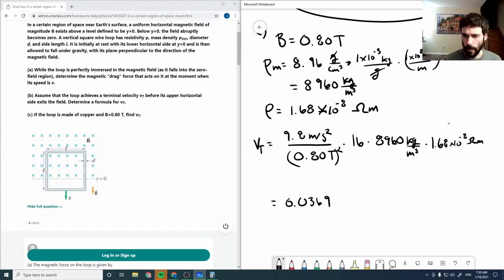and this would be in, if we're following along here, ohms, kilograms, meters squared per Tesla squared, seconds squared, meters cubed. So the meters squared will cancel there.